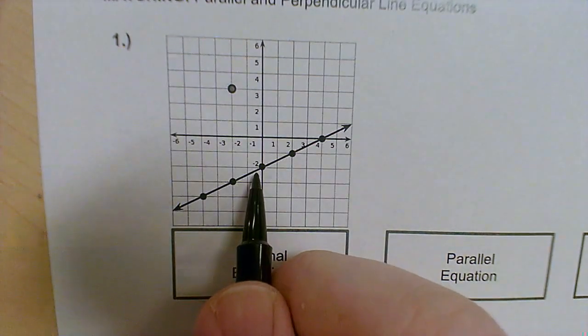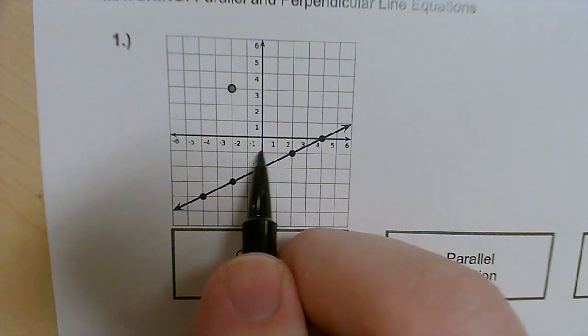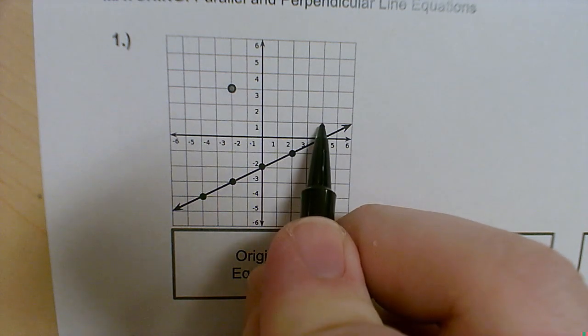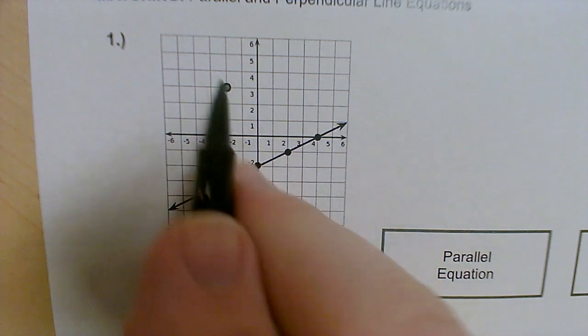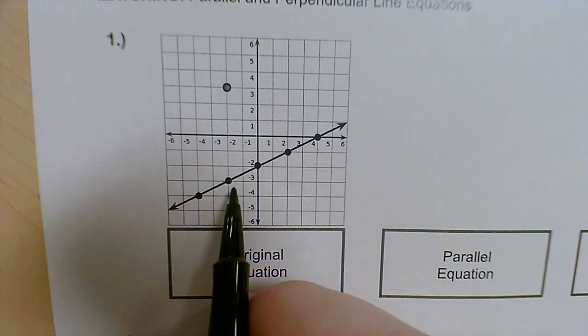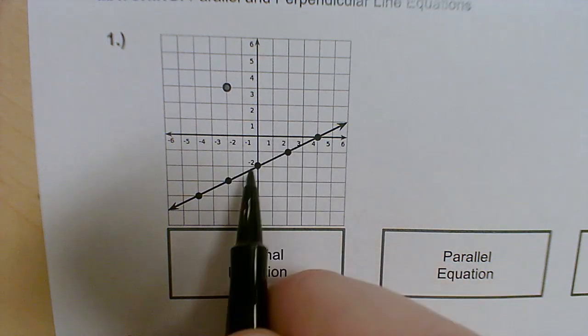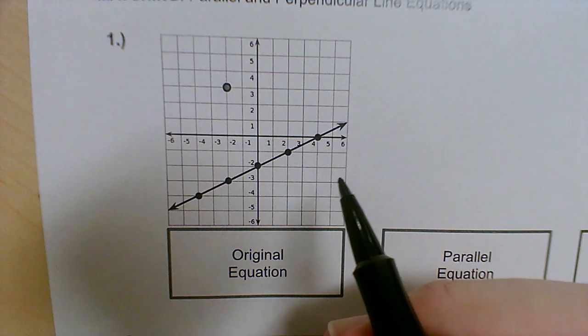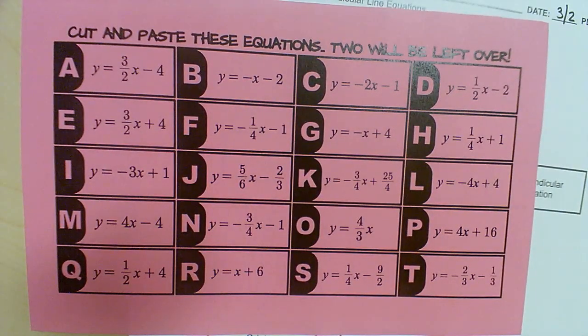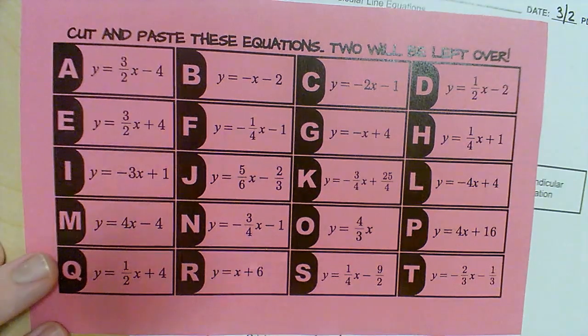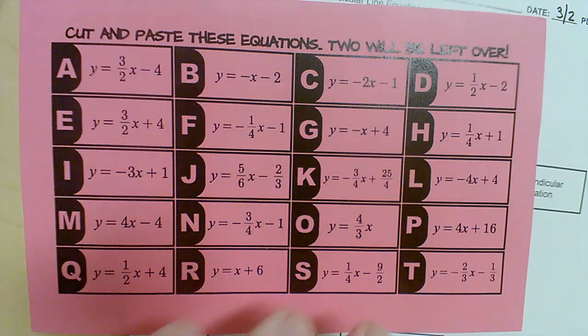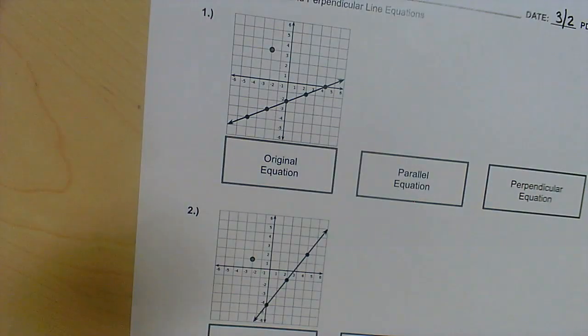So, for number 1, first just looking at the graph. It looks like the y-intercept is -2, and it goes up 1 over 2, up 1 over 2, up 1 over 2. So, ignoring this point out here for a second, I'm thinking we're looking for y equals 1/2 x minus 2. Looking at this paper, I think we're looking for option D. So grab a pair of scissors and cut option D out.